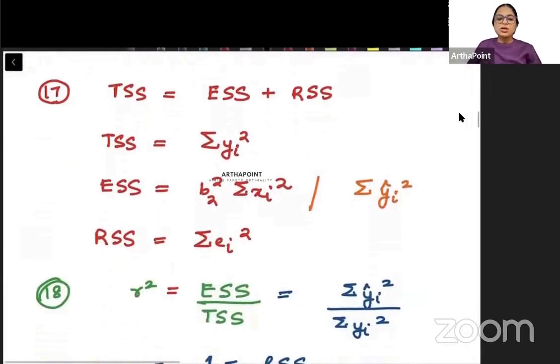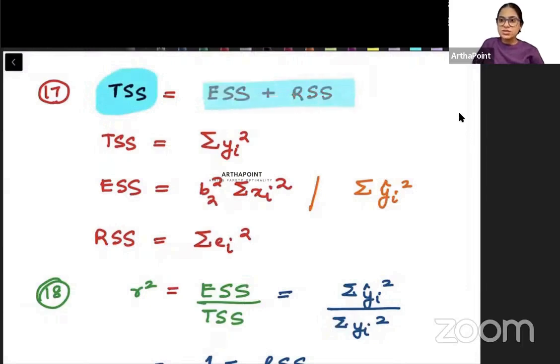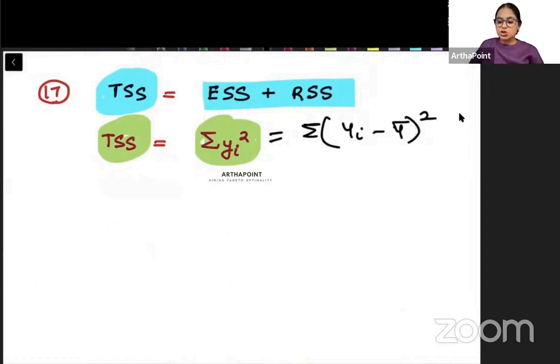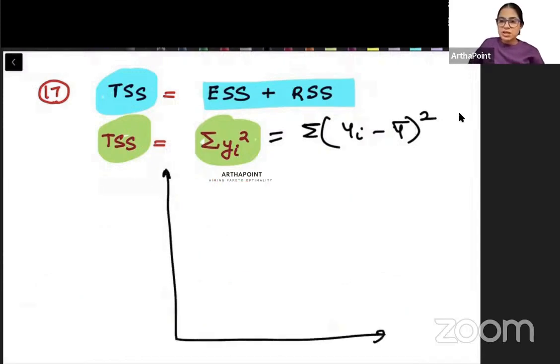Okay. Now let's talk about TSS and ESS. So TSS can be written as ESS plus RSS. Your TSS is summation yi square, which is nothing but summation yi minus y bar whole square. Always remember, to find TSS we always find the deviation of y from its mean value.